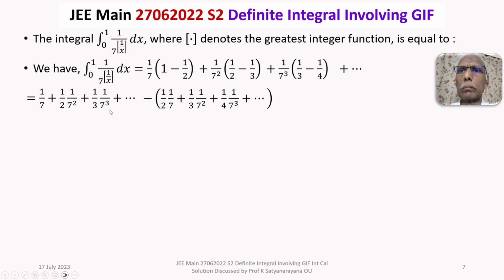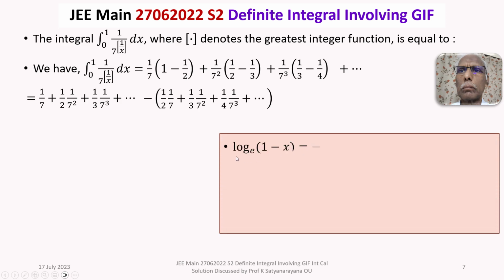Now recall, this is a very familiar expansion. Recall log of 1 minus x to the base e, and we have the Maclaurin's expansion, that is minus x minus x square by 2 minus x cube by 3 minus so on and so forth, valid for minus 1 less than or equal to x less than 1.